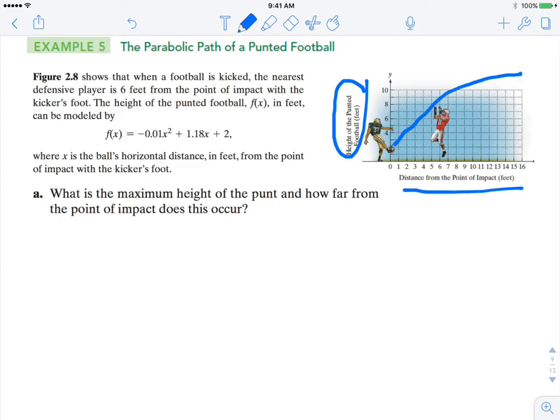So question A, what is the maximum height of the punt and how far from the point of impact does this occur? So what we're looking for is the vertex point. So we're going to use this quadratic function.